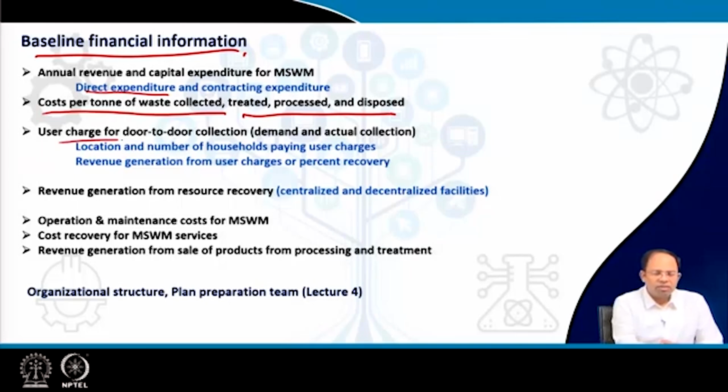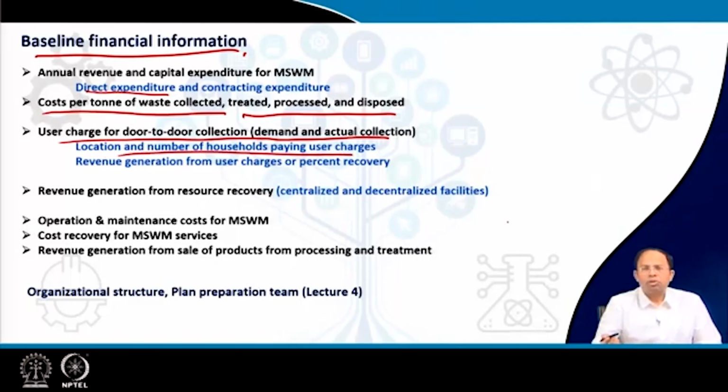Then user charges for door-to-door collection. What is the demand? Which areas are we collecting? What is the actual percentage of people paying that money? Location and number of households paying user charges. Within a particular zone, which households pay, which households don't. So we have to have records of those. Revenue generation from user charges or percent recovery.